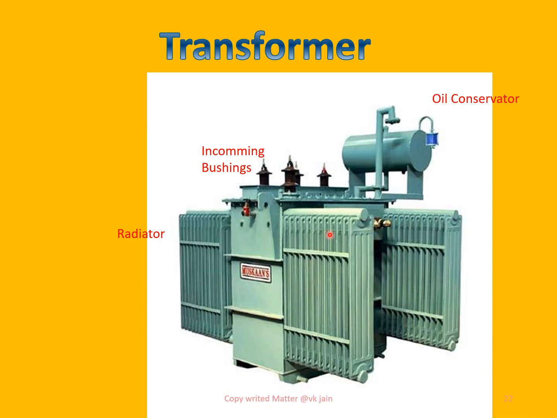Friends, this isometric view of a transformer provides some detail about oil-filled type transformers. This is the main transformer, and these are the 11 kV or 33 kV bushings through which the electricity comes in, and it goes out through another one from the other side.